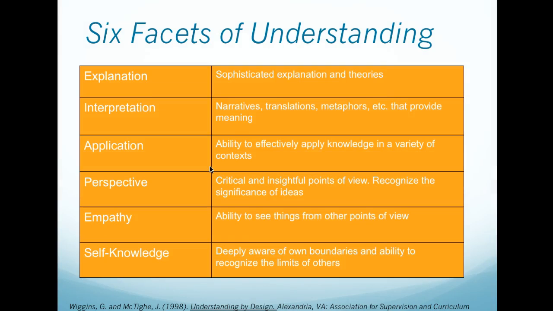What is important about the 6 facets of understanding that Wiggins and McTighe promote? When you're devising your rubric, look to see how a student can explain something, how they can interpret it, how they can apply it, what perspective they can take about it, the empathy they have in terms of points of view, and self-knowledge with regard to the content that you're teaching. These are all things you can use when you're developing your rubric in terms of language to demonstrate understanding.